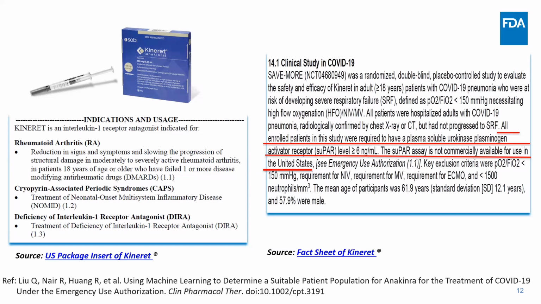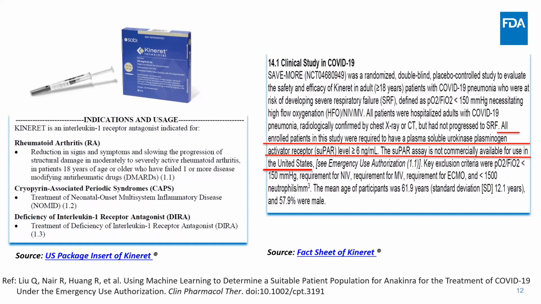If you think about the mechanism of action, it suppresses inflammation, right? Patients with severe pneumonia belong to this category. In this trial, the treatment demonstrated a very great treatment effect compared to the standard of care. But one issue is that the trial was conducted in Europe, and one very important biomarker inclusion criterion is called suPAR.